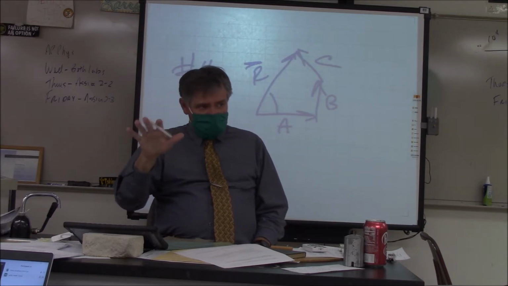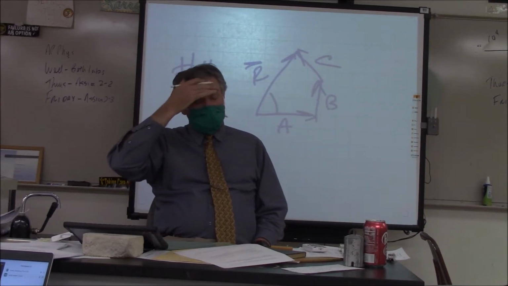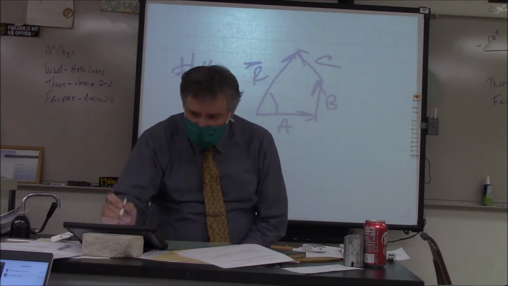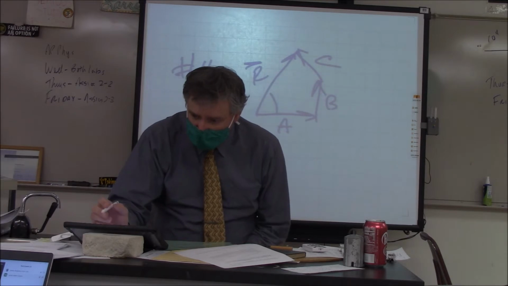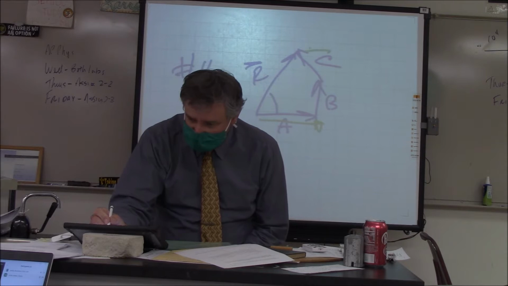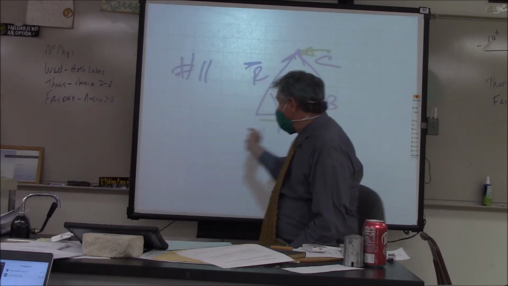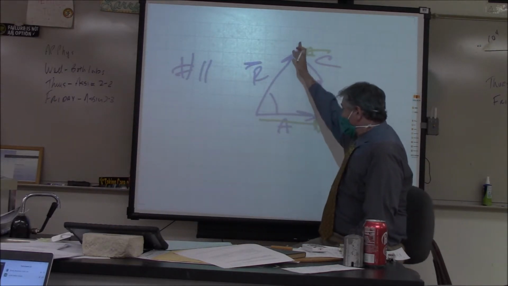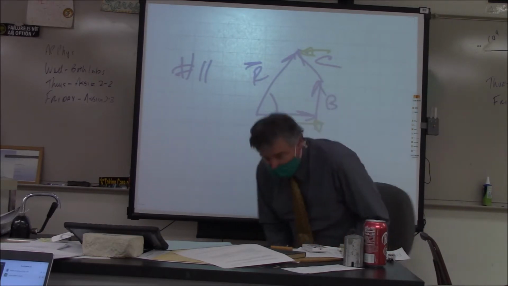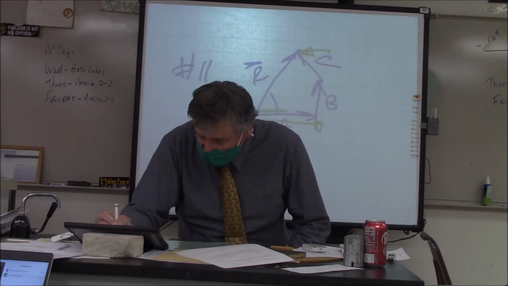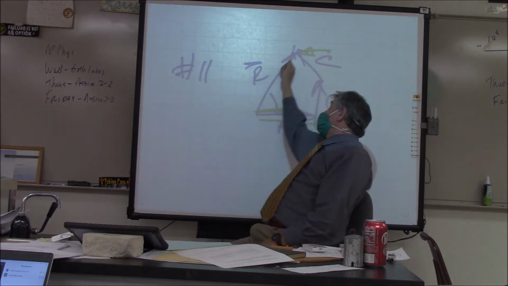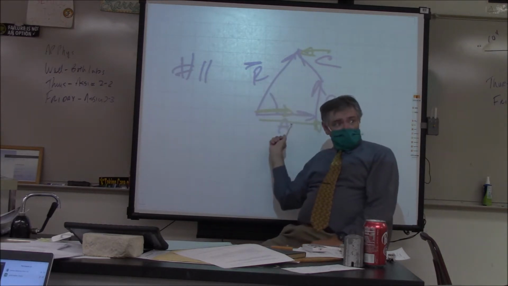What you're fundamentally doing, by deconstructing these vectors, is saying, okay, I'm going to take A's x component going in this direction, and C's x component coming back in this direction, and the net effect of those two tells me how far I end up in the x direction.